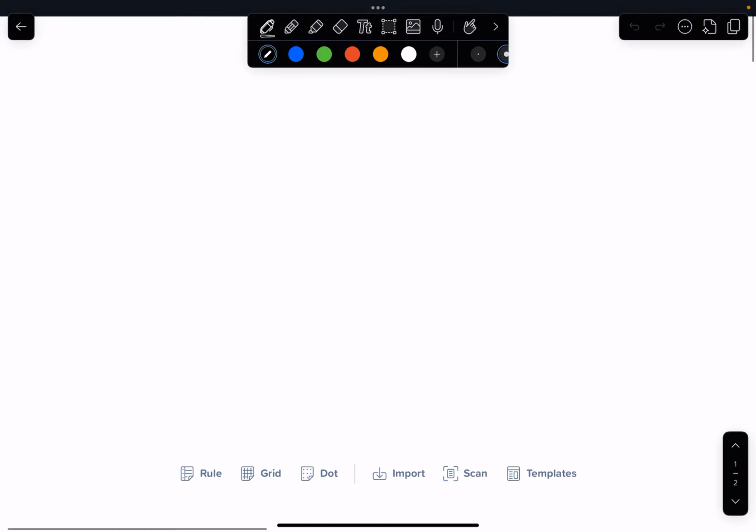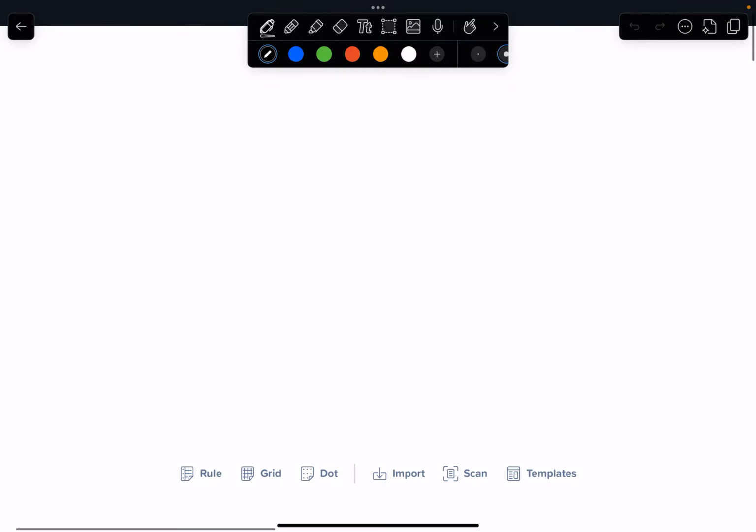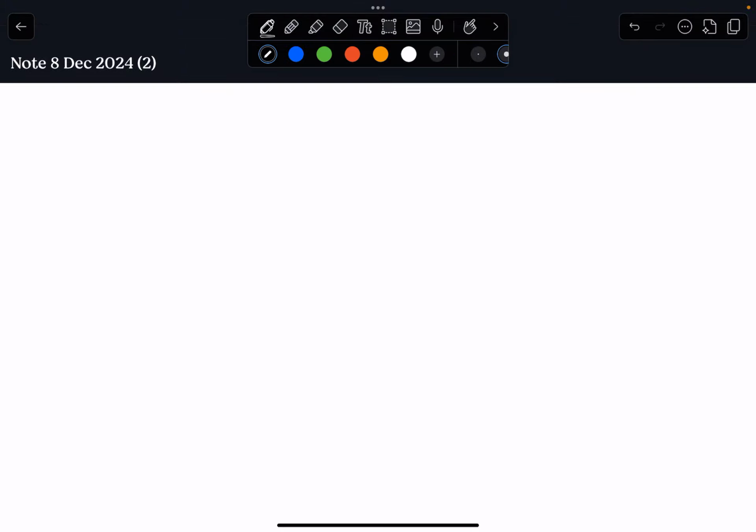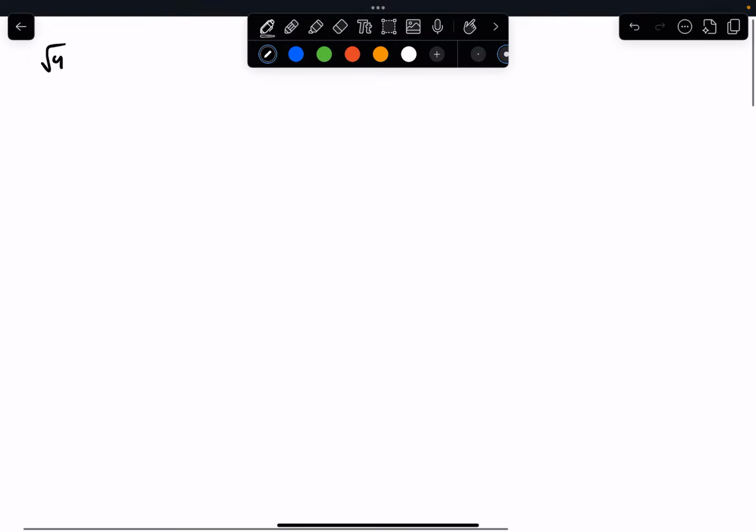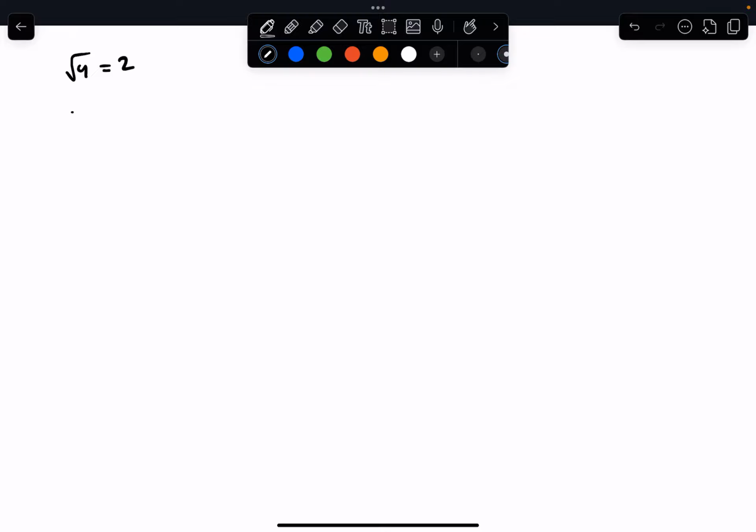So I'm sure a lot of you have heard what complex numbers are. Specifically, say you have the square root of 4, okay? Let me zoom out here. Square root of 4. Now, this is going to be equal to 2. But when you look at square root of -4, what happens then?